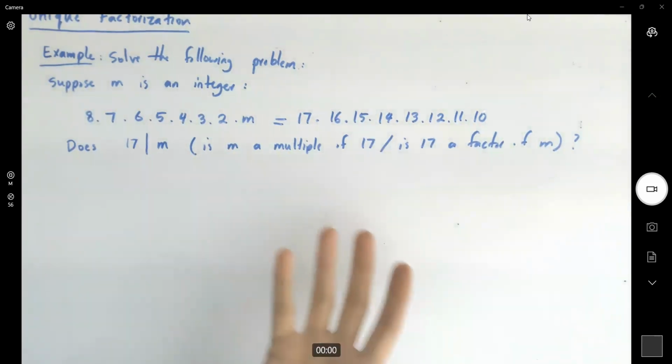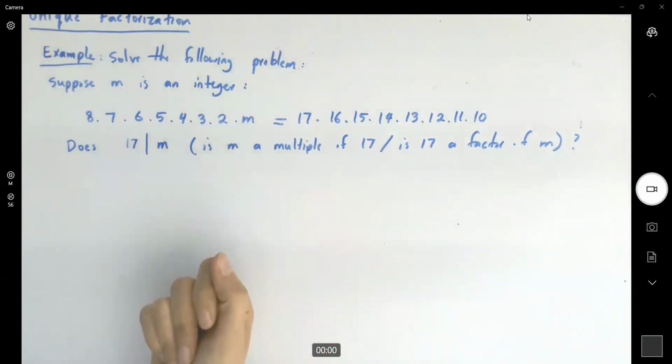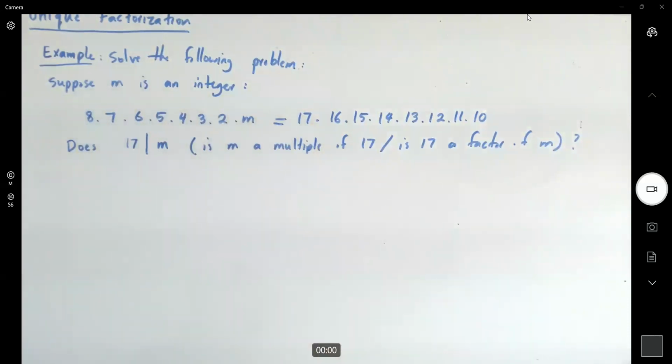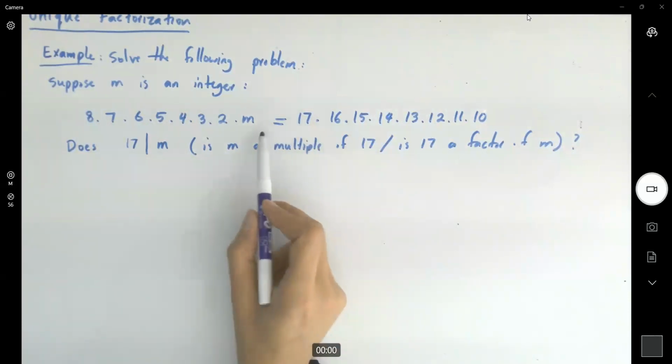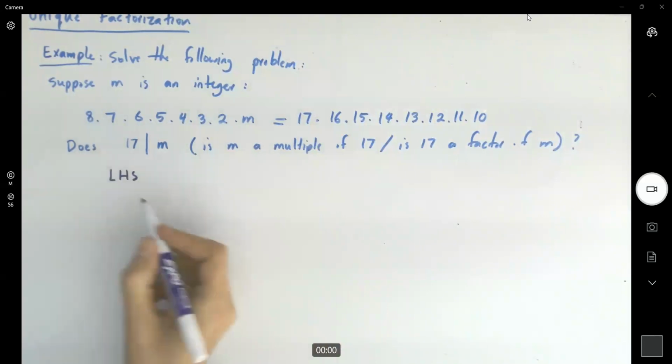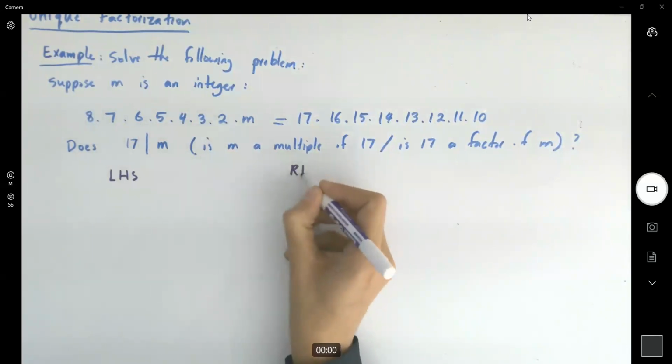Well, we have different approaches. One approach is to apply the unique factorization to the following problem. Okay, so what do we have? You have the left-hand side, which is the multiplication of some numbers, and you have the right-hand side.